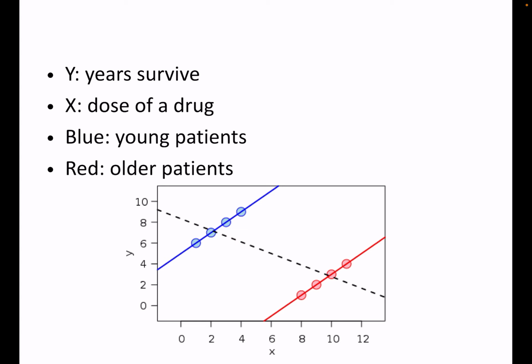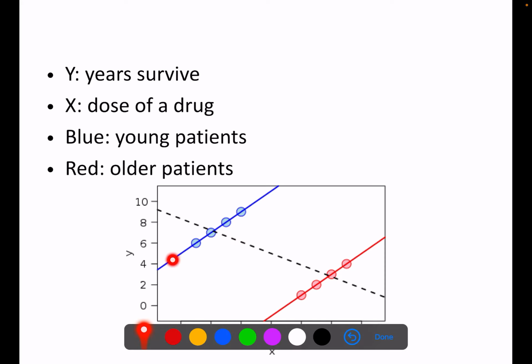And you decide to give the older people a higher dose because you think that they need a higher dose, for example. So when we look at the younger people, we see that the higher the dose that you give them, the higher survival rate they have. Same for the older people. But when you look at everything together, you clearly see that the trend reverses in the other direction.